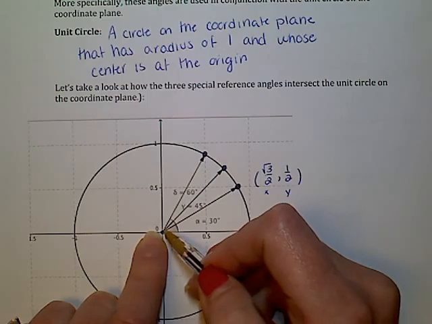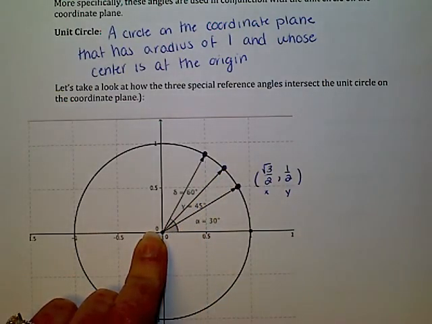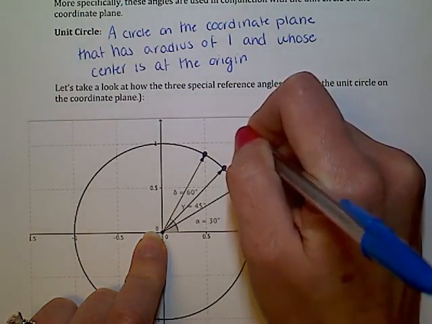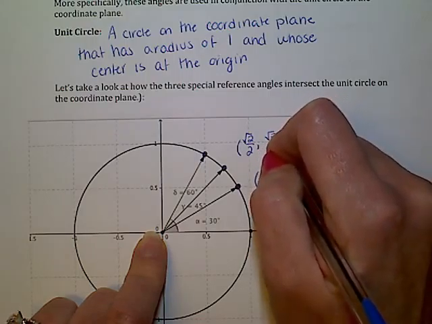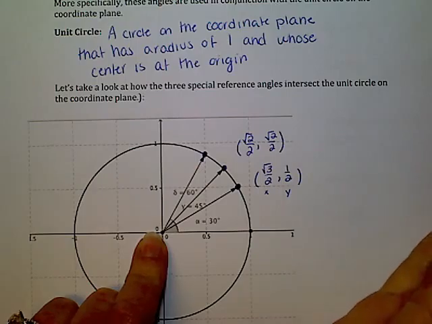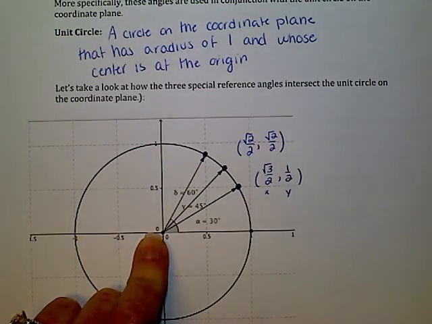Okay, so the next point is a 45-degree angle, and I actually think these coordinates are a little bit easier to remember. Square root of 2 over 2 is your x, same with your y. And that's because that 45-degree angle sort of cuts that quadrant in half, so it makes sense that the x and y coordinate are equal to each other.